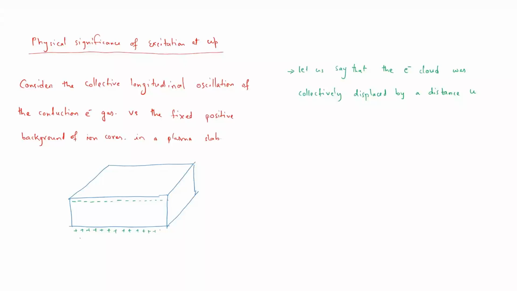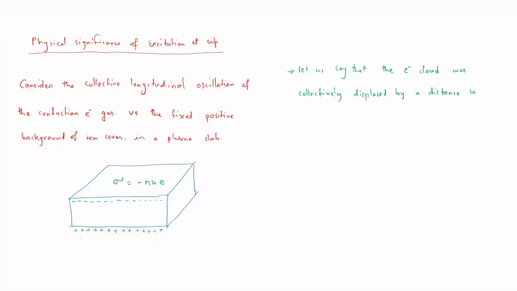So what is the surface charge density now? The surface charge density, let's say sigma, will be given by minus n e u, where n is the number density of electrons, e is the electronic charge, and u is the displacement of the electrons from the positive ionic cores.